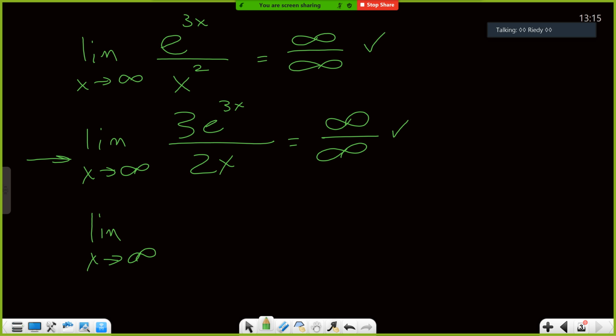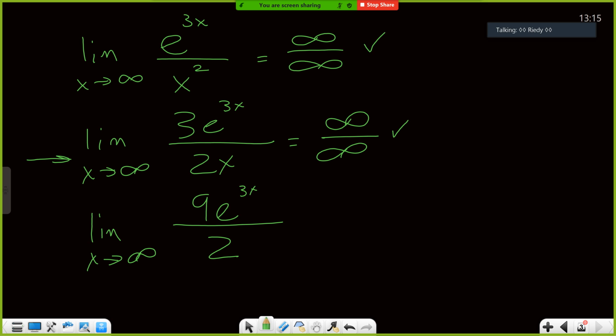As you get deeper and deeper into these problems, you will see that there are certain mathematical functions that never go away. No matter how many times I take a derivative of the numerator, there's always going to be an e to the 3x there. The only thing that's going to change is the number in front. So now the next derivative becomes 9e to the 3x.